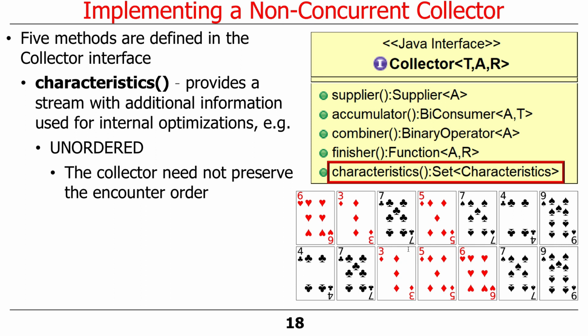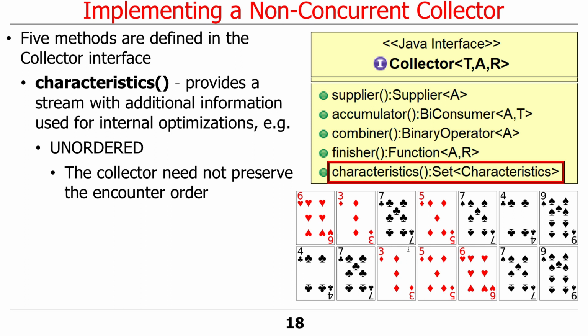The characteristics method returns a set of characteristics, which, as we'll see, is essentially an enumerated type. This gives you additional information. It's basically metadata that describes what kind of collector you have created.